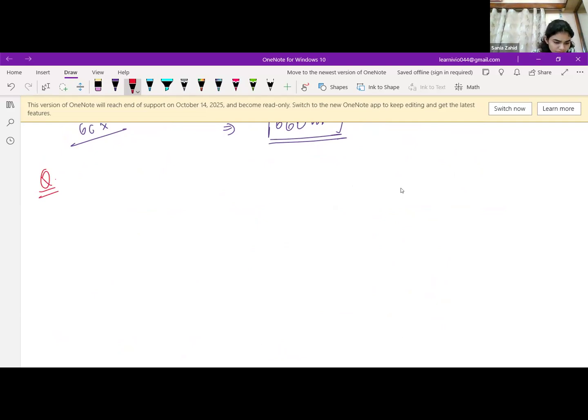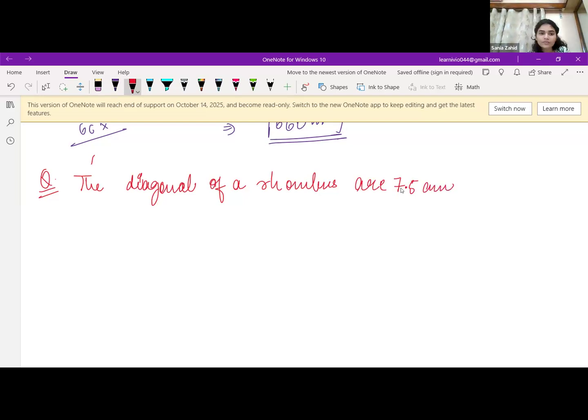The diagonals of a rhombus are 7.5 centimeters and 12 centimeters. Find its area.